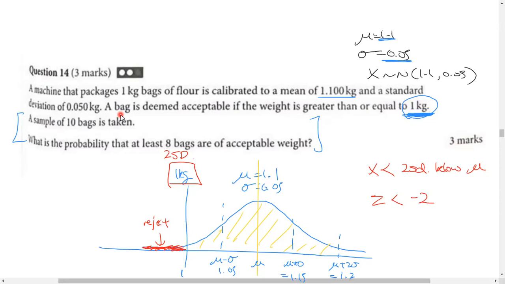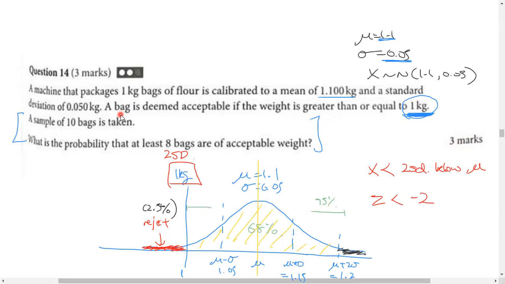And you should know that even without looking up the table, because you know that within one standard deviation is about 68%, and within 2 standard deviations is about 95%, give or take a tiny bit. And because the left-hand side and the right-hand side are equal, the reject should really be 2.5%.